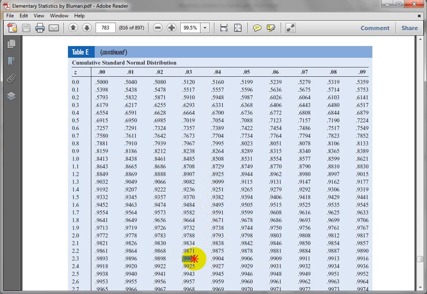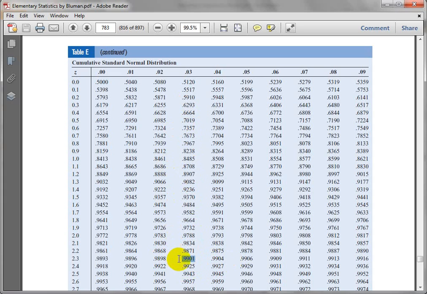This value is very close to 0.9900, because it is 0.9898. That means it is a 0.0002 difference from 0.9900, and the next one is 0.9904, which is 0.0004 increased.